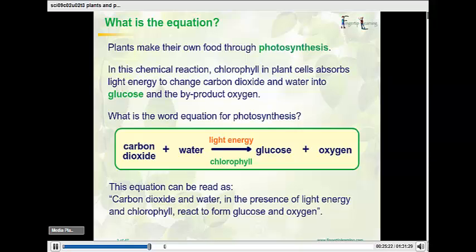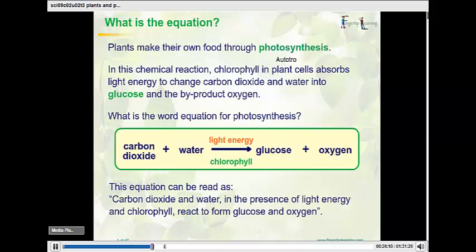Plants which can make their own food or which can perform photosynthesis are called... Rosa, would you like to tell Atika what they are called? Let me see if you remember. The word is autotrophs. That's what they're called.